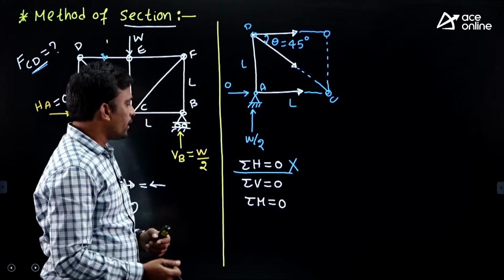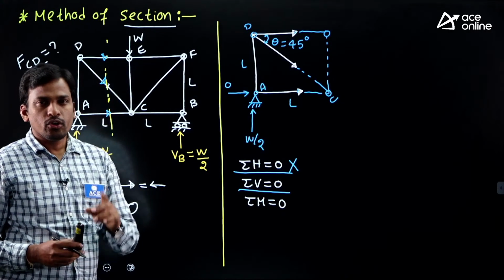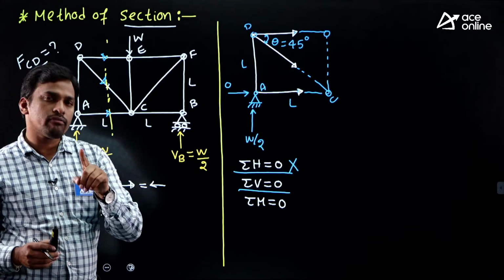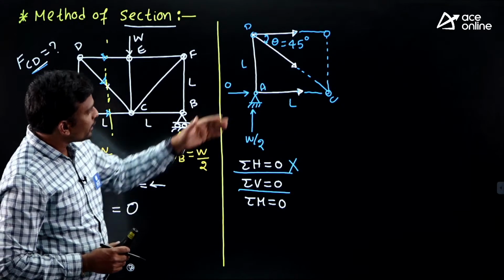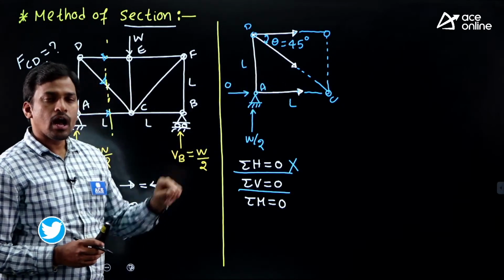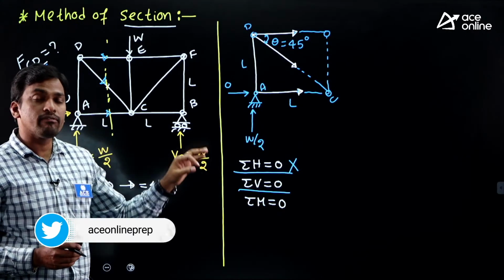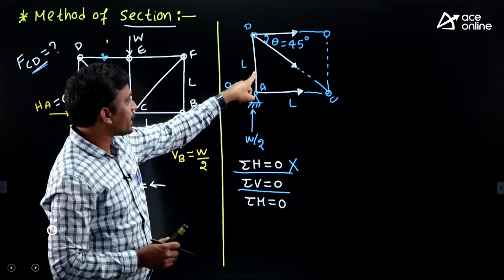Next, we'll try sigma V equals 0. Using one vertical equilibrium equation, we can find only one vertical unknown. Now tell me, in this free body diagram, how many vertical cut members are there? Students, this is not a vertical cut member.